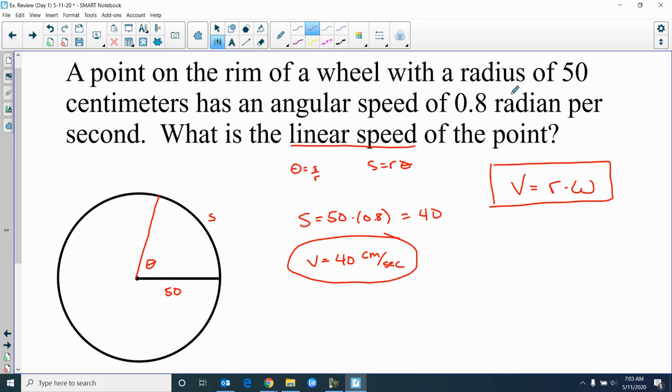So this problem shapes up into the same thing, because 50 is my radius and my angular speed is 0.8. Here, I had to make sure I understood that's my arc length, and since it was for 1 second, I could convert that to velocity. That's probably a formula you want to throw on that index card.